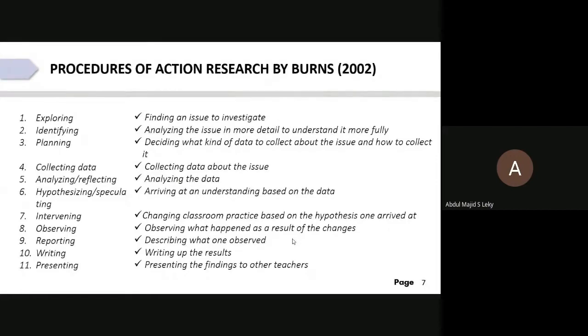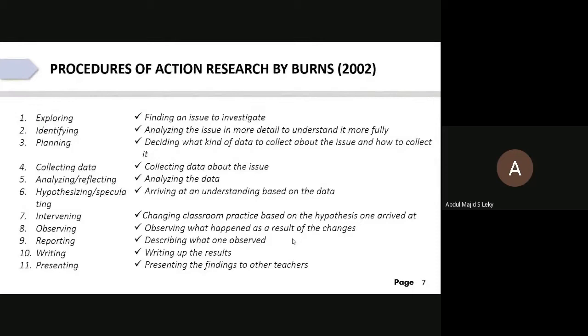This is the cycle when we arrive at an understanding of the issue based on the data that we collected. And then the next cycle is intervening. In this step, we start to make some changes in the classroom practice based on the hypothesis that we have arrived at. And then the next is observing.